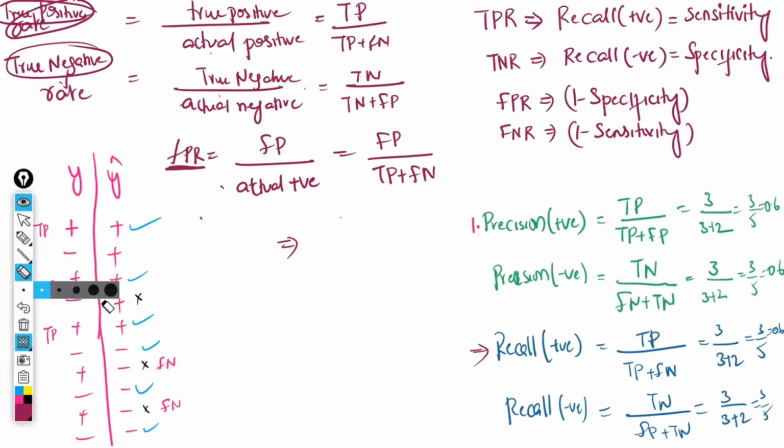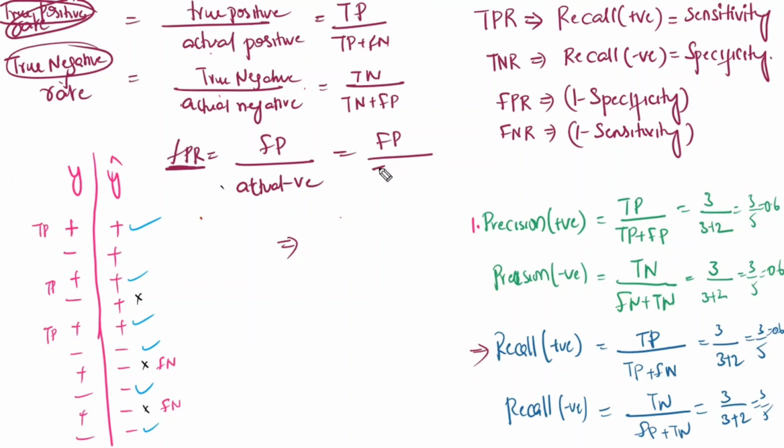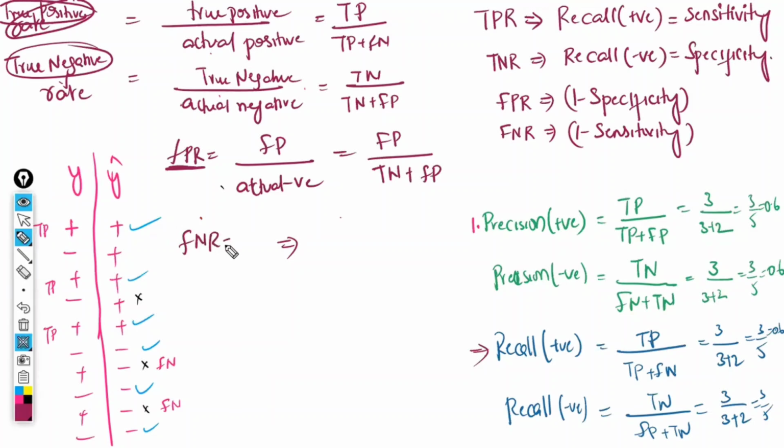Okay, 1 minus specificity. So you can take in the notes: true positive rate, true negative rate, false positive rate, and false negative rate. False negative rate is equal to FN divided by actual positives.